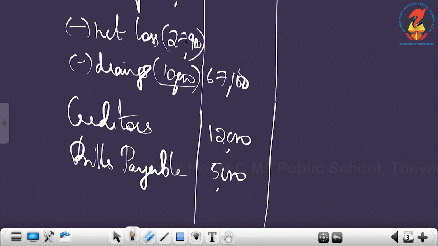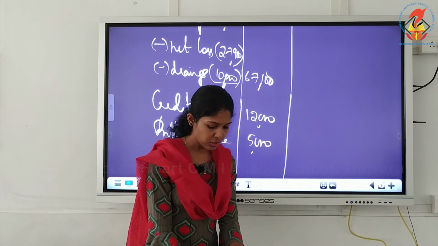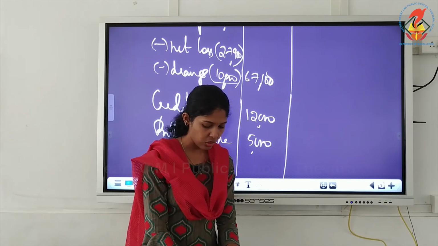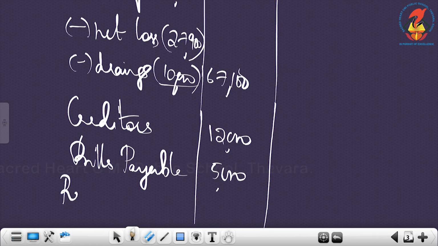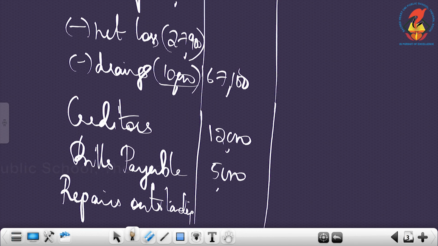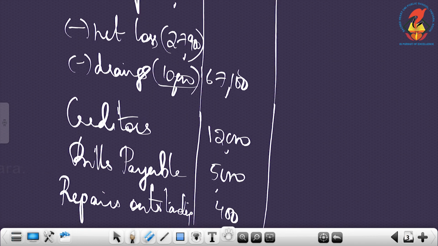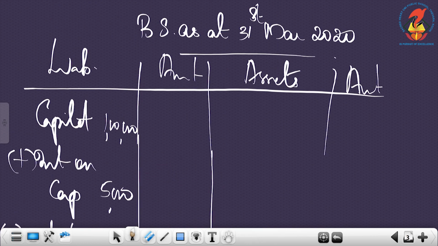Okay, with that trial balance items are over. You have to go through adjustments now. There is something like repairs outstanding, which you must write here. So, go through adjustments once you finish trial balance items. Repairs outstanding is 400.